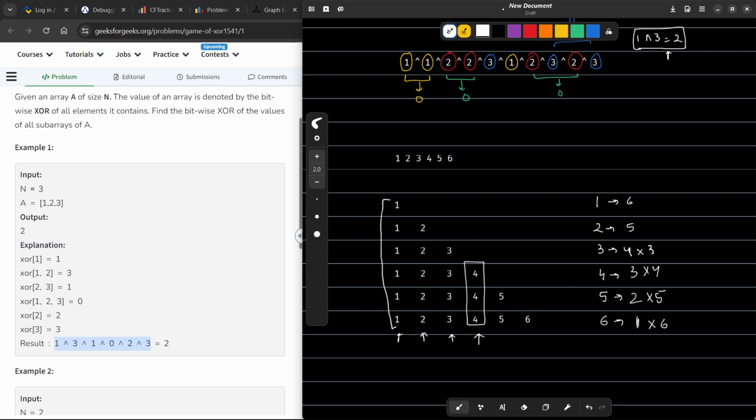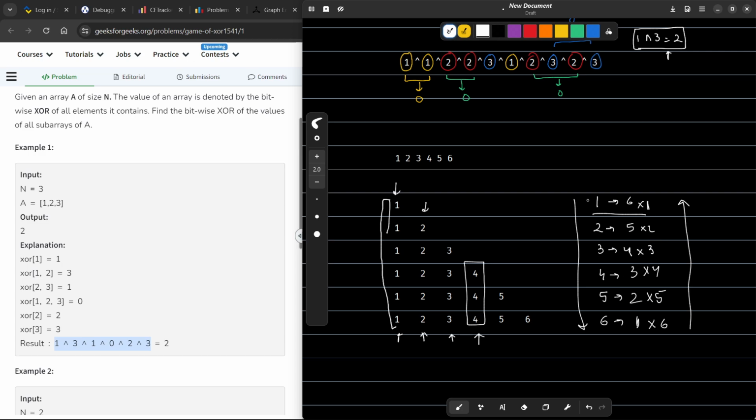Now similarly here I can write 3, then 2, and then 1, right? Now let's say for this particular 1, it will only be present when the subarray starts from 1. When it starts from 2, this one will not be present, hence it is 1 here only. So you see this is basically nothing, just the counting in reverse order, 6, 5, 4, 3, 2, 1 going right here, and then 1, 2, 3, 4, 5, 6 going right up here, right?